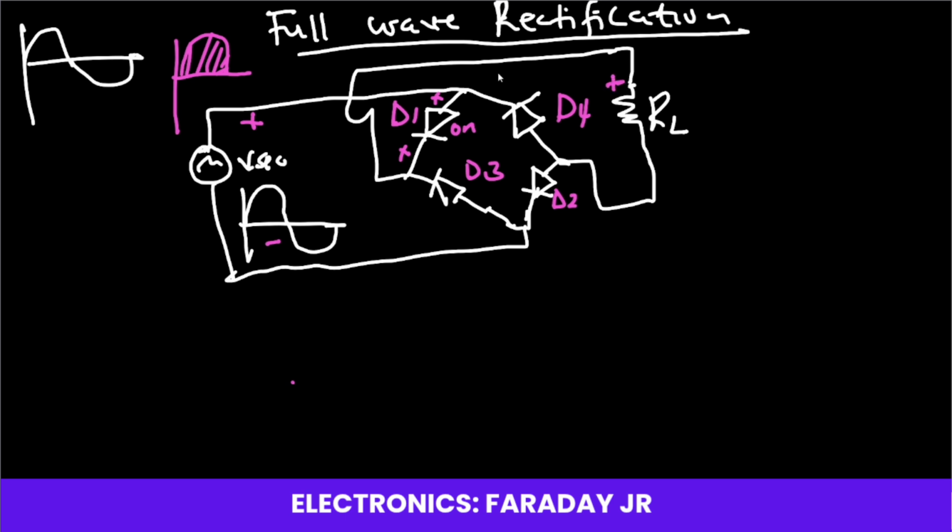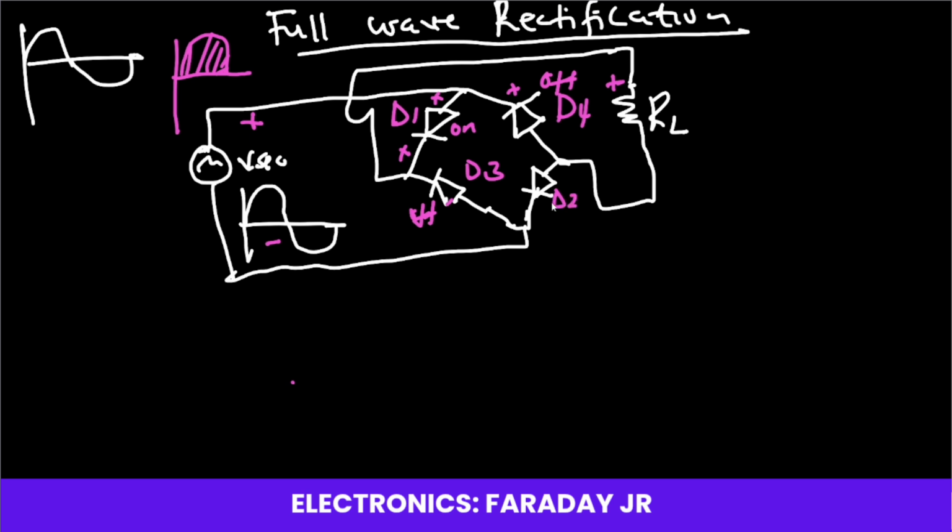Now let's look at D4. The same positive is passing through it. We have positive at the cathode, which is in reverse bias mode, meaning D4 will be off. Similarly, let's look at the negative part of the positive half cycle. The negative is coming down, entering D3, which is in reverse bias mode, meaning D3 is off.